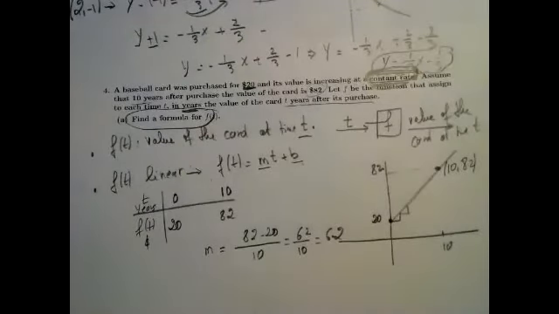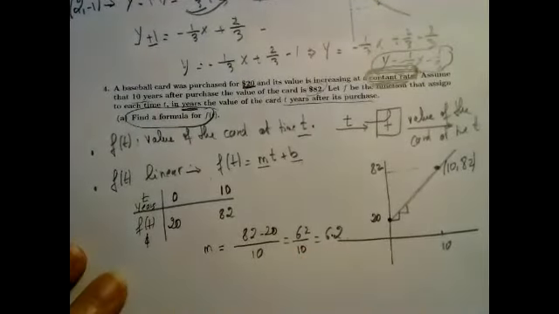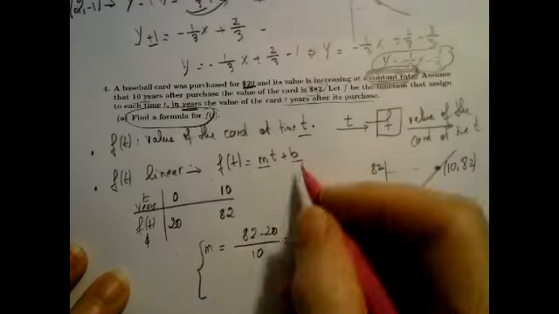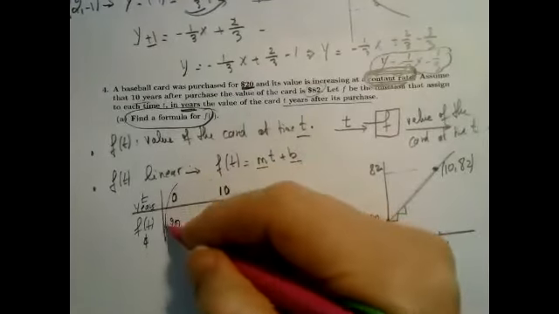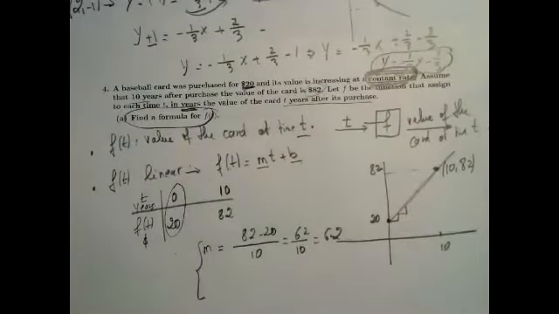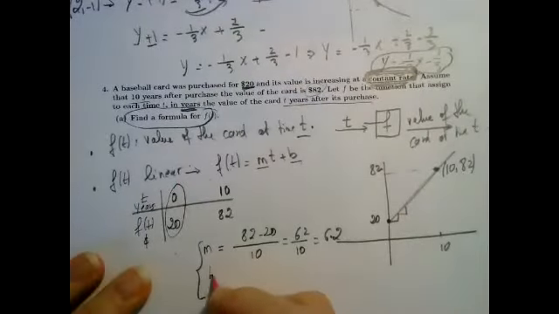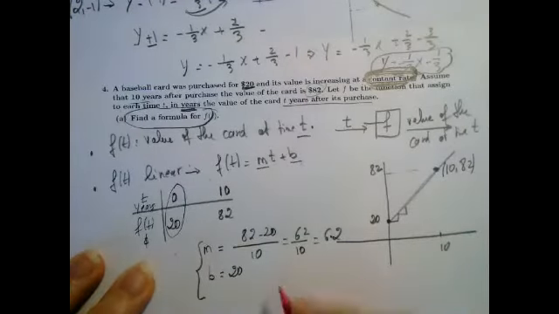Now I need the formula. I need the rule. So what's going to be my formula? Did I give you b in this problem or didn't I? Isn't b 20? Right, b is 20. I gave you b because I gave you the value at 0. That's why. I don't always give you the b.